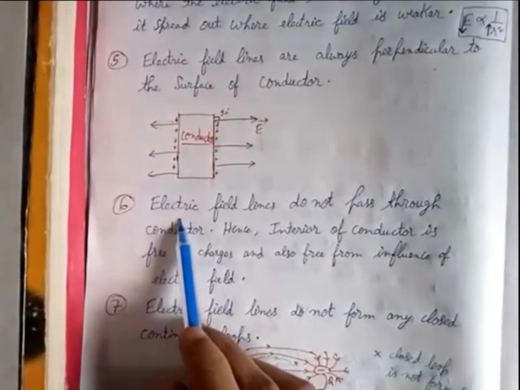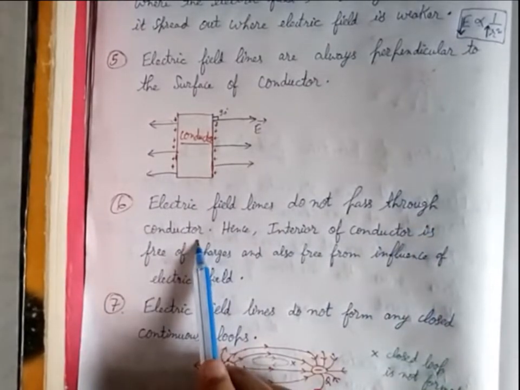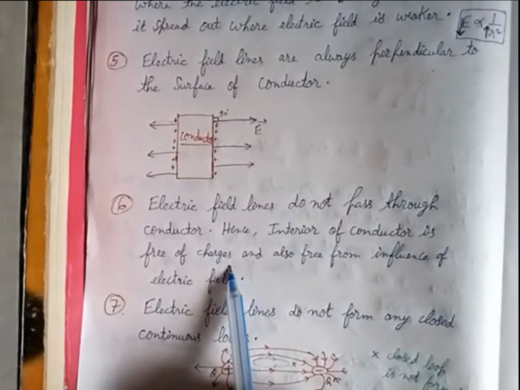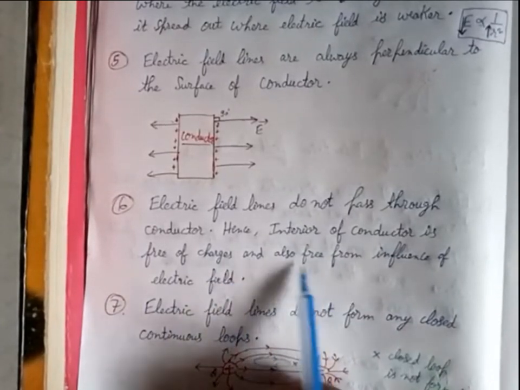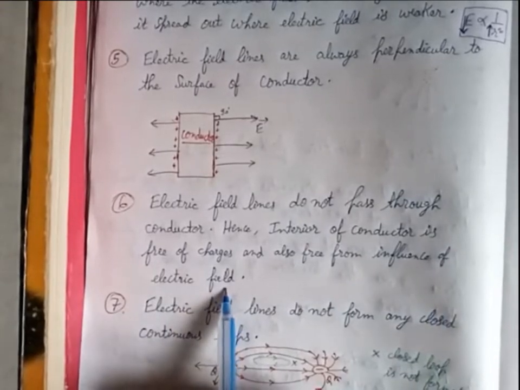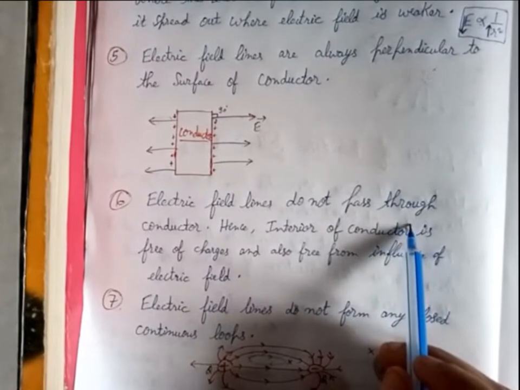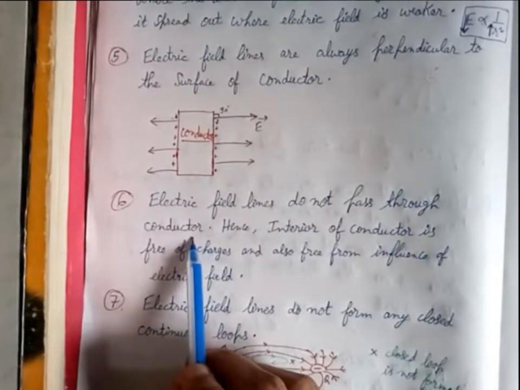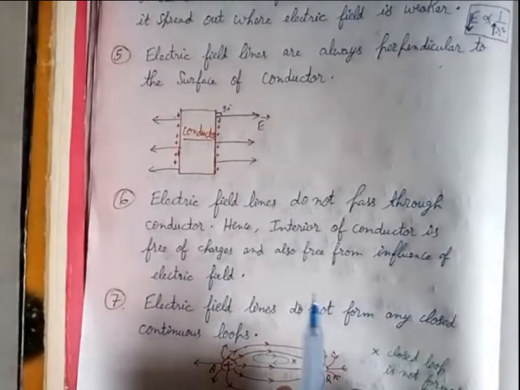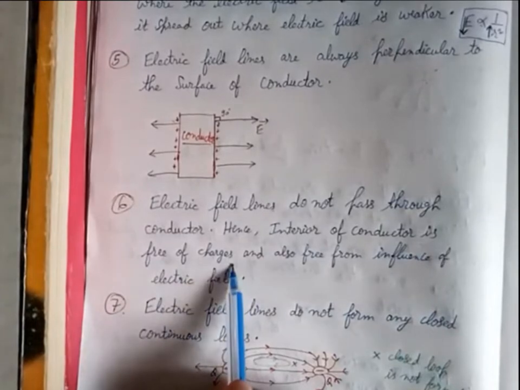Next point, point number 6: electric field lines do not pass through a conductor, hence the interior of the conductor is free of charge and also free from the influence of the electric field. It means that the electric field is not contained inside the solid or hollow conductor, and the interior of the conductor is free of charge.